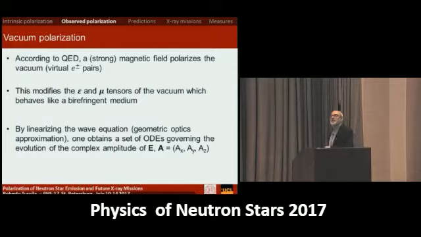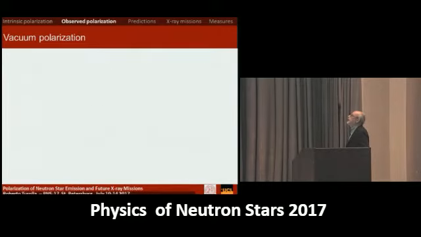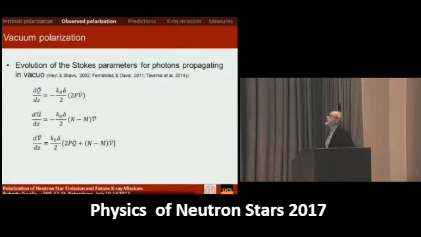And of course, this differential equation which governs the complex amplitude A can be translated into a set of differential equations which govern the evolution along the ray of the Stokes parameters for a photon which propagates along the ray in vacuo. And these are the three equations which describe the evolution of Q, U, and V, the three Stokes parameters.